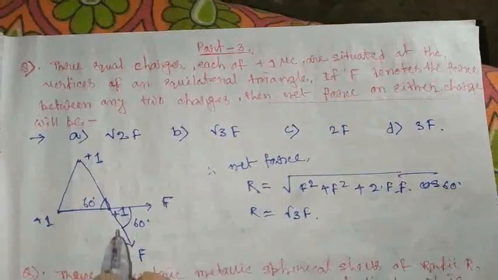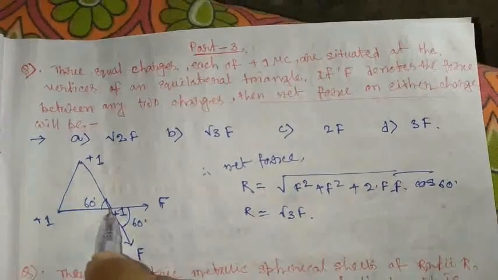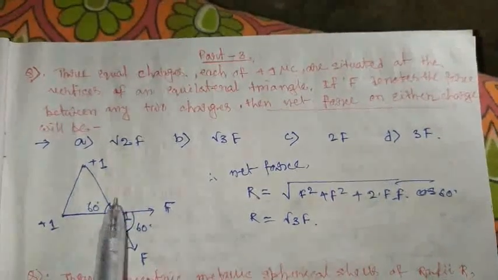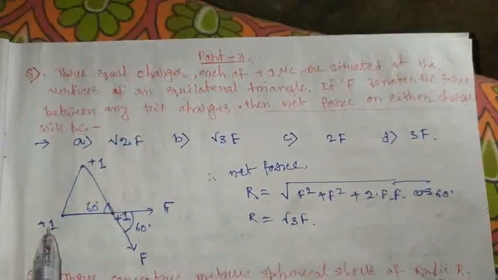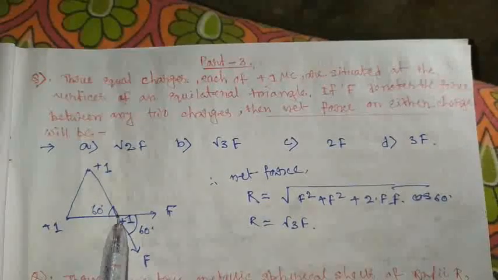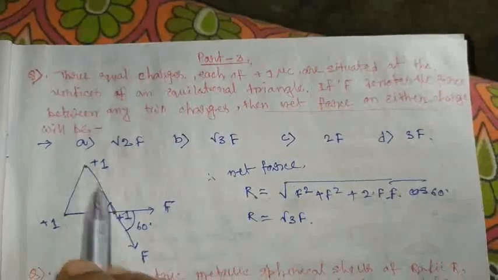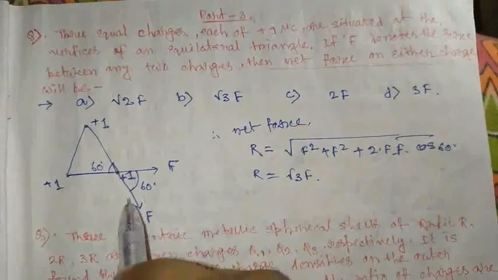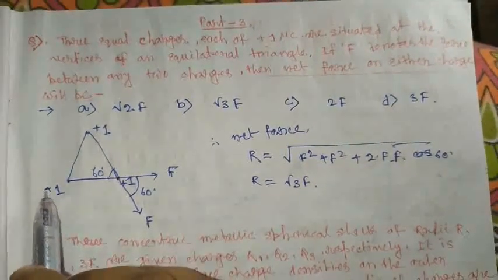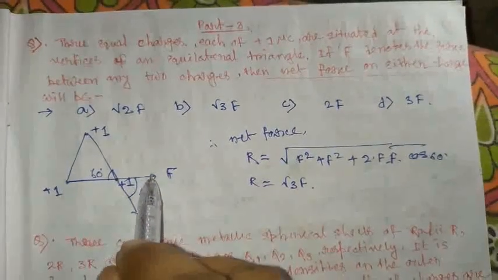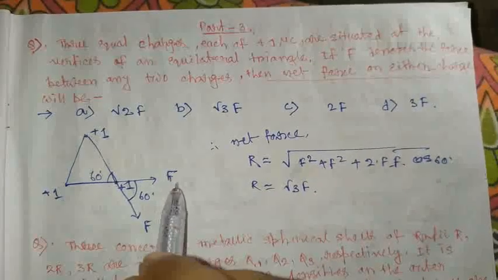I take this charge. Due to this charge, the force on this charge is F, and due to this charge, the force on this charge is also F. So this force direction is in this way, and due to this charge the force acting on this charge is in this direction.